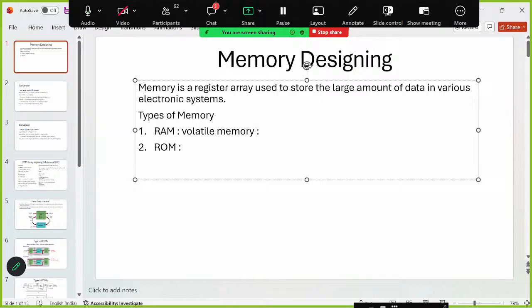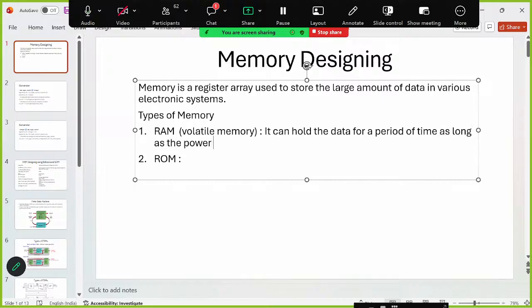That is, it can hold the data for a period of time as long as the power is on in the system.